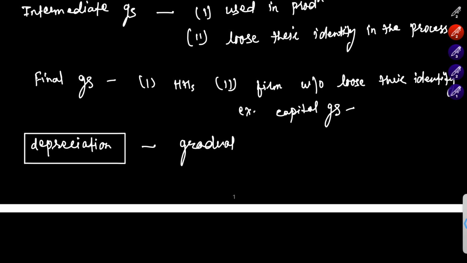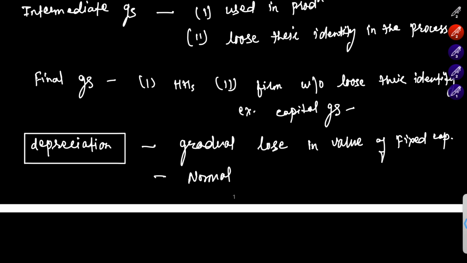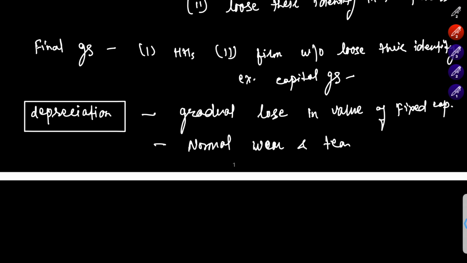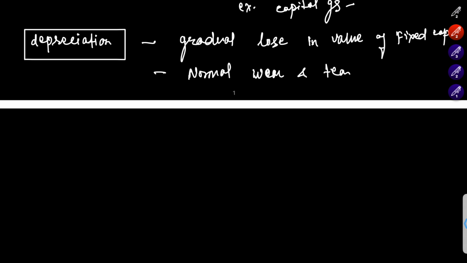First, gradual loss in the value of fixed capital due to normal wear and tear. So depreciation क्या होता है? Gradual loss in the value of fixed capital due to normal wear and tear over time.